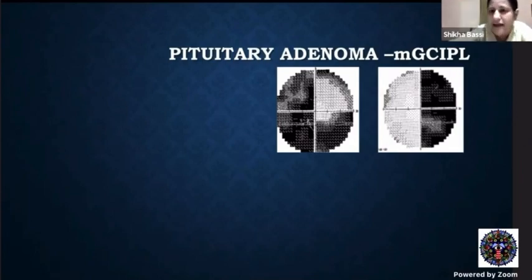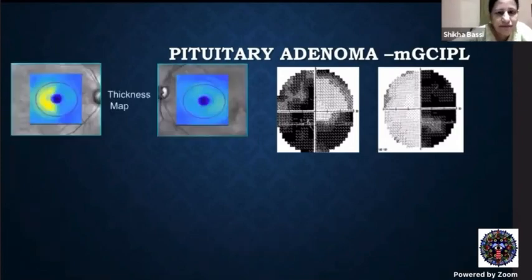But let's see what we can glean from the MGCIP layer analysis. In the same patient, in the thickness map, this yellow area indicates normal GCC health in the temporal half of the right eye, seen as a good normal field in the nasal half of the right eye.